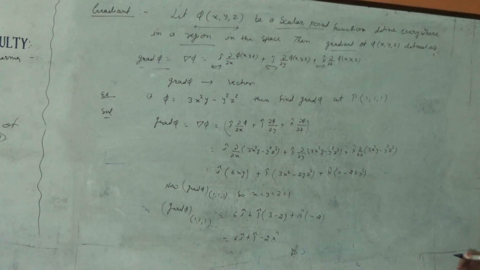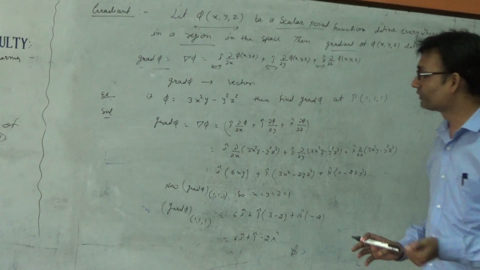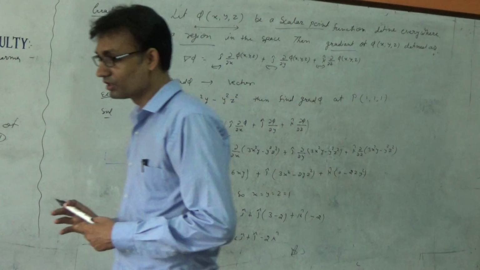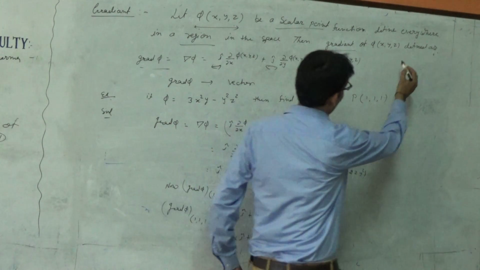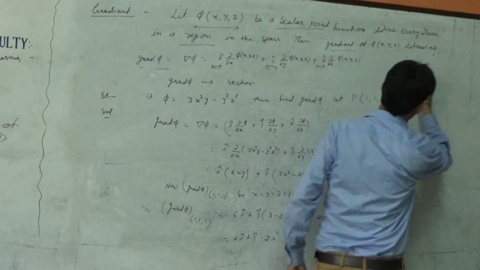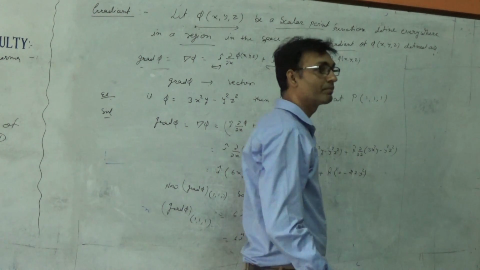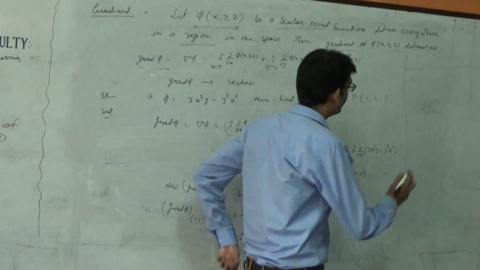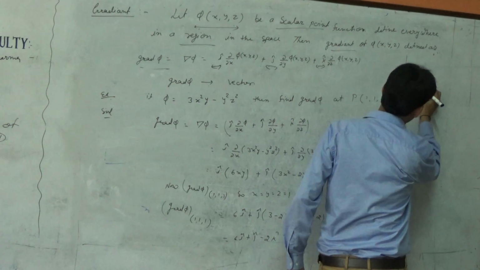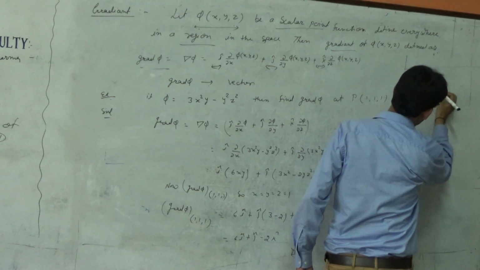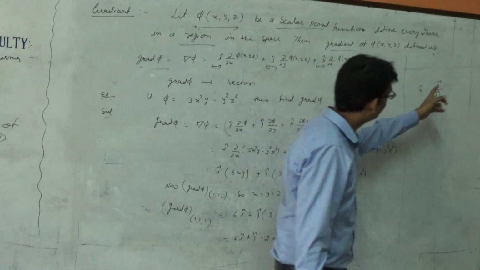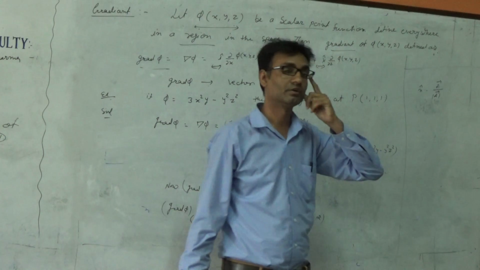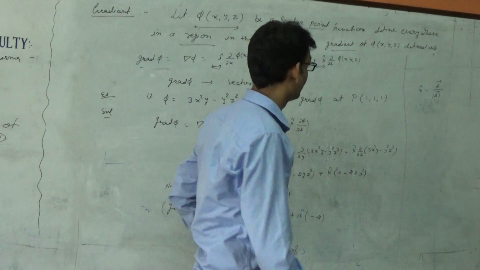Now, what is the use of gradient? In previous classes, you learned about the directional derivative and the unit vector. You know very well the vector and the norm of a vector.